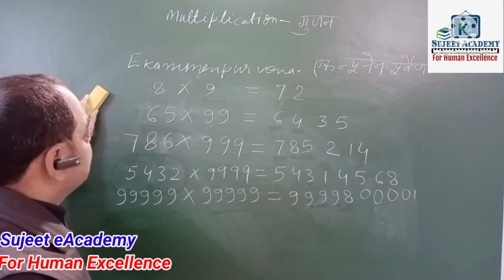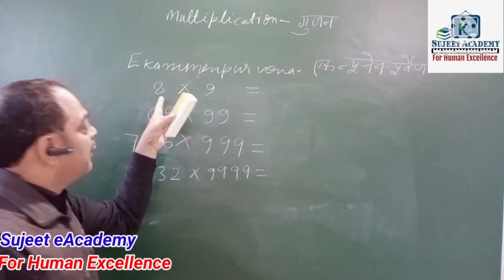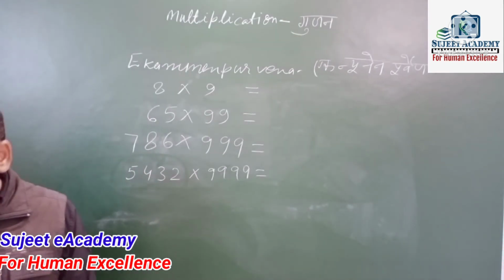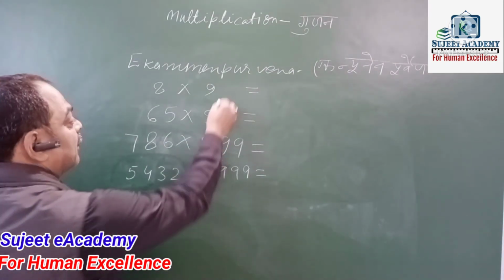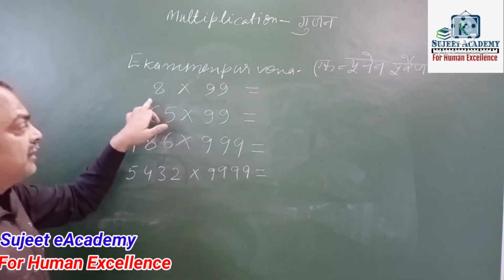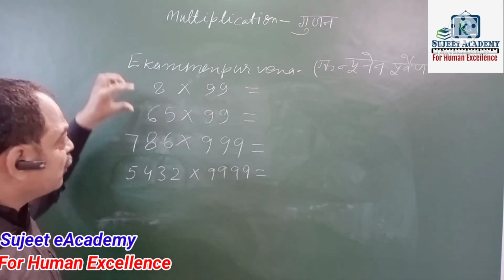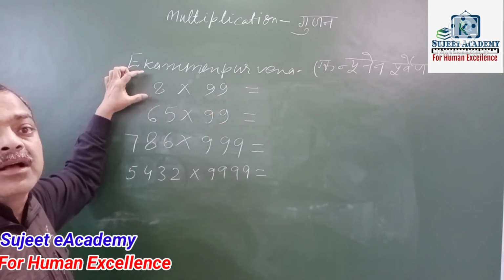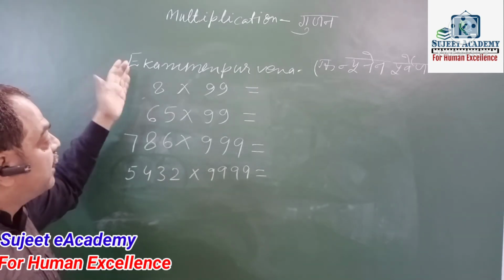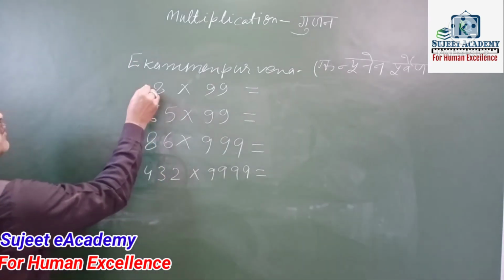One more example. If the number of digits in this one is less than the number of 9s, put 0 here, as in this one. This is a single digit number and this one is a two digit number. So you arrange it or change it into a two digit number by using 0.